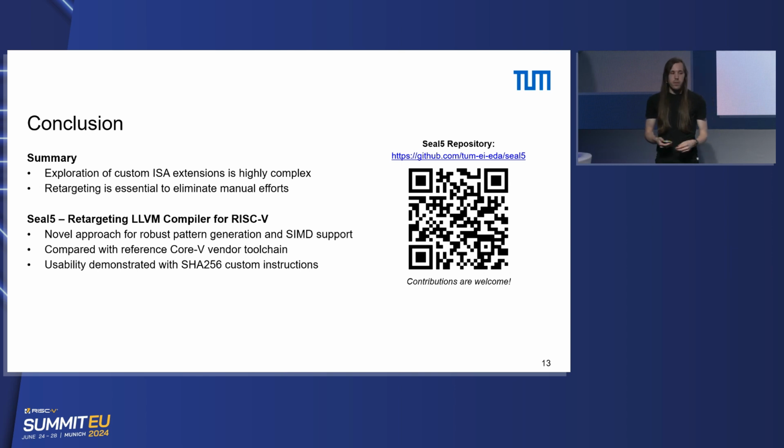I have introduced CL5, which is a retargeting LLVM compiler for RISC-V, that is using a novel approach for robust pattern generation and SIMD support. I compared CL5 with the reference CORE-V vendor toolchain and also demonstrated the usability with the custom hashing instructions.